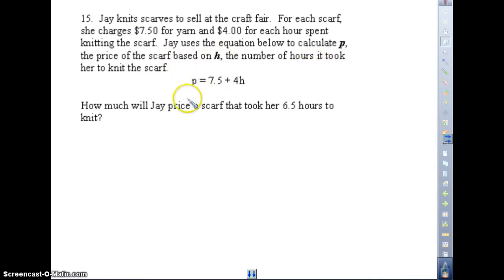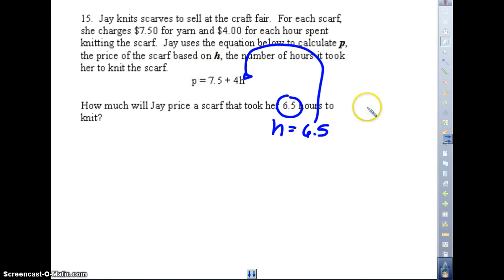Your P, your price, is $7.50, the amount for the yarn, plus $4 per hour, multiplied by the number of hours. How much will Jay price a scarf that took her 6.5 hours to make? That's your H. H equals 6.5 hours. That's the number you plug in right there. Multiply by 4. Take that product and add $7.50 to it. And then you'll have your answer.